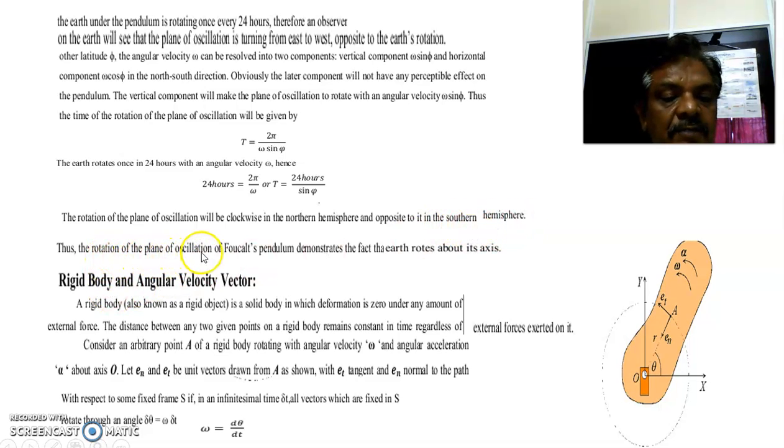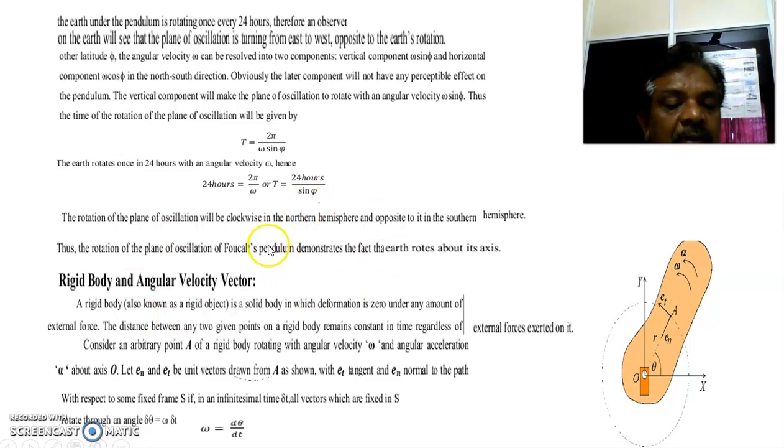Thus, the rotation of the plane of oscillation of the Foucault pendulum demonstrates the fact that the earth rotates about its axis. If the earth did not rotate about its axis, we would have T equal to 24 hours only. The Foucault pendulum experiment proves that T is equal to 24 hours by sin phi, meaning the earth's rotation has an effect on the Foucault pendulum.